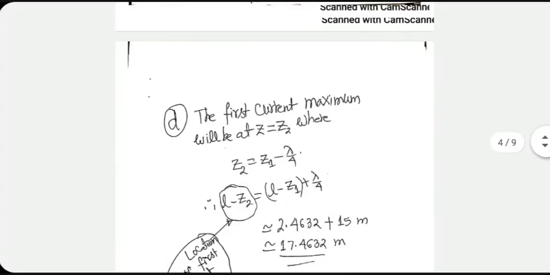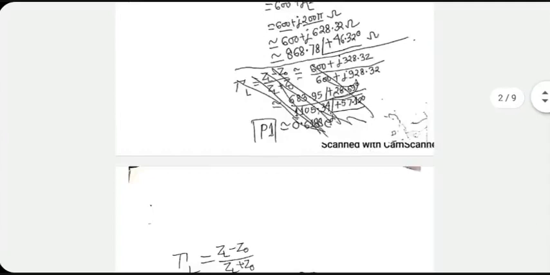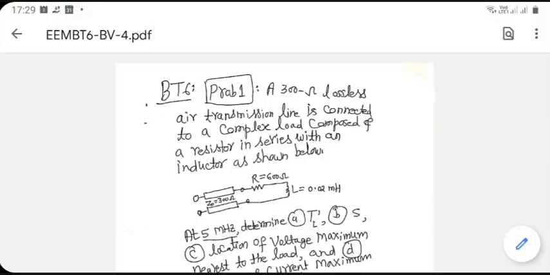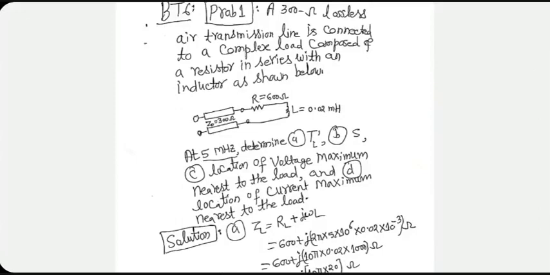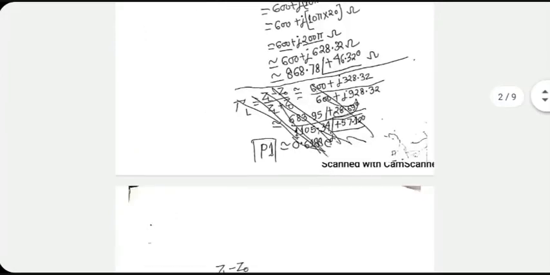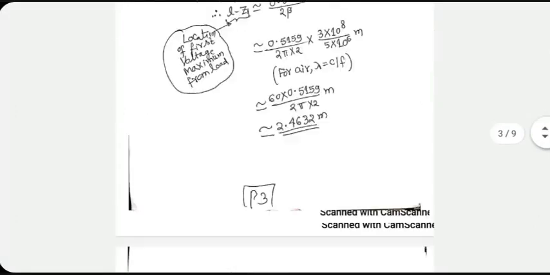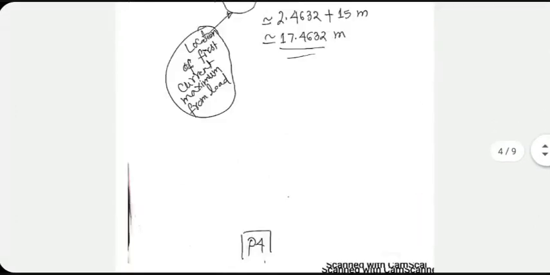So L minus Z2 will be L minus Z1 plus lambda by 4. You can do the calculation. The answer turns out to be 17.462. Keep in mind, lambda can be calculated. It's an airline operating at 5 megahertz. Lambda will work out to 60 meters, using the famous equation, speed of light divided by frequency. So lambda by 4 will be 15 meters. That is what I'm using here. I have not shown it, but it's understood that you can do it.